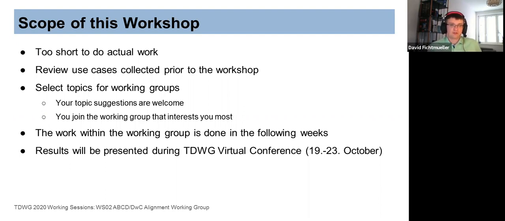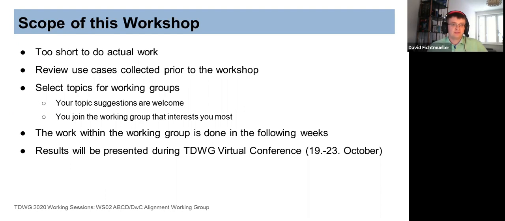The actual work of this workshop will be done in smaller working groups. So the idea is to have small working groups. We have to see how many of you are willing to actually go into those and work on this. We hope we get several smaller groups that come up with actual results in the end.